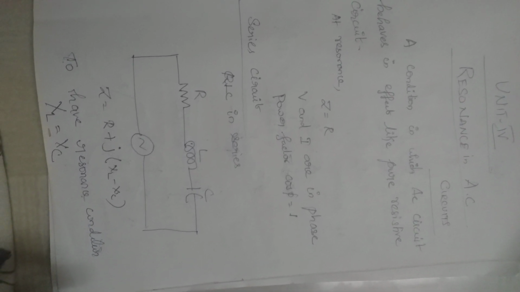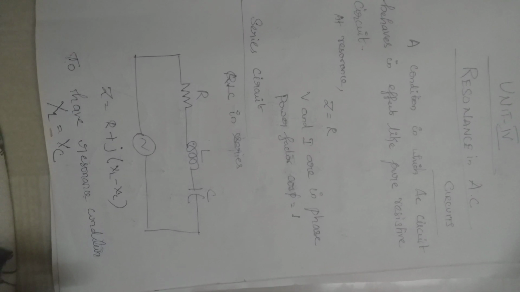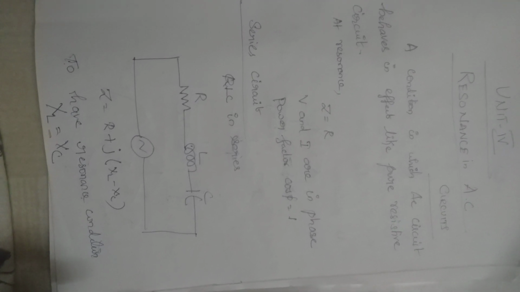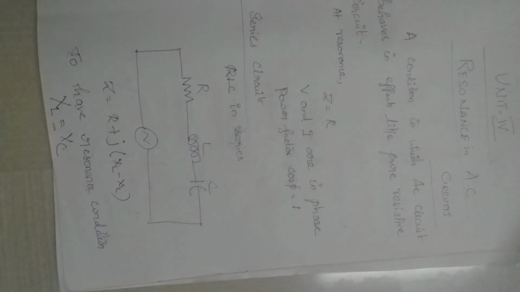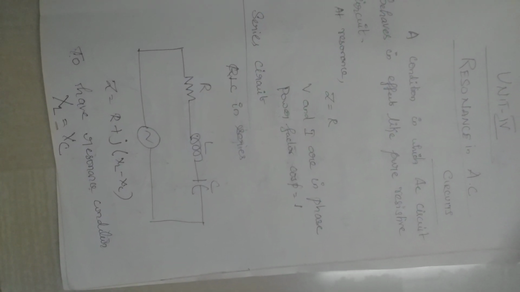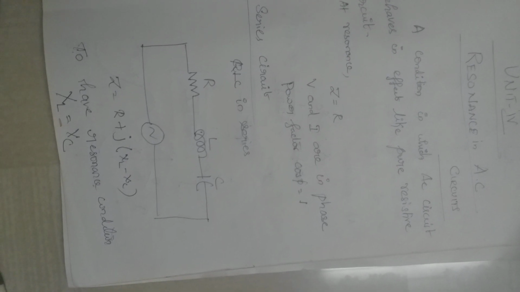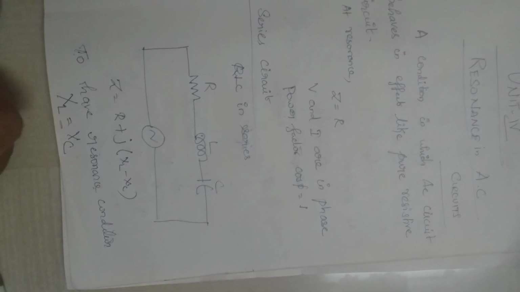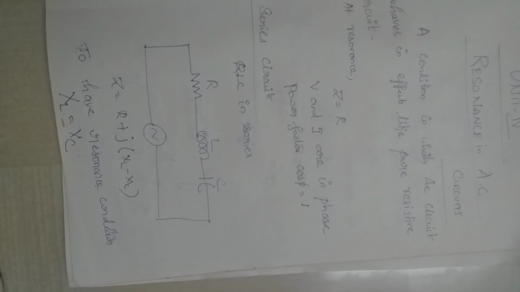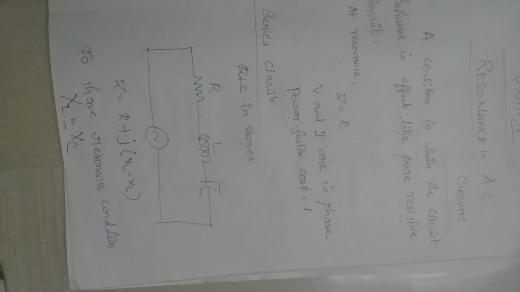Resistor, inductor and capacitor, R, L, C, connected in series, to which AC supply is given. The impedance of this circuit is Z equal to R plus XL plus XC, which can be written as R plus j into (XL minus XC).